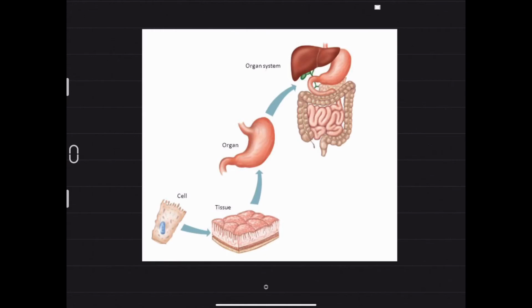Okay, so I'm going to label this diagram and you should have been able to identify these regions here. So this is the liver. Here we have the stomach.